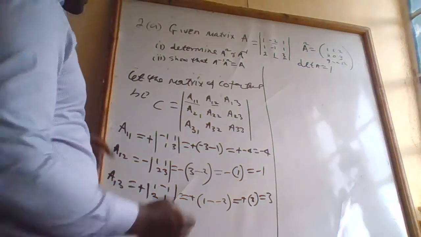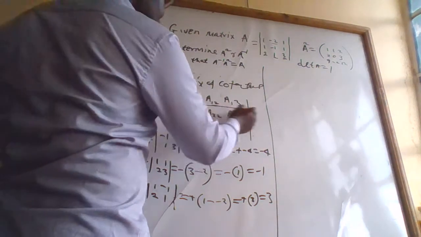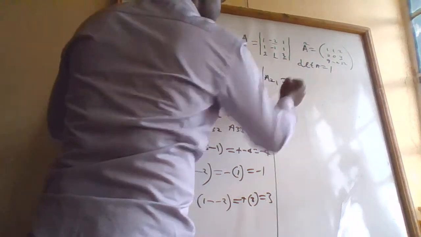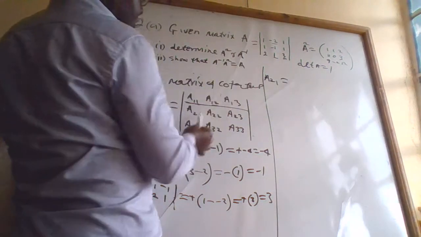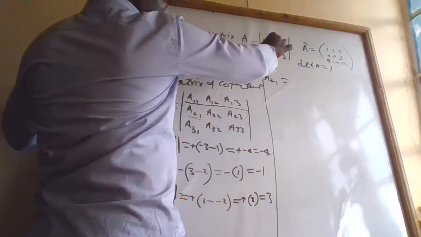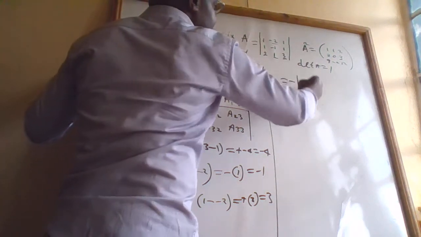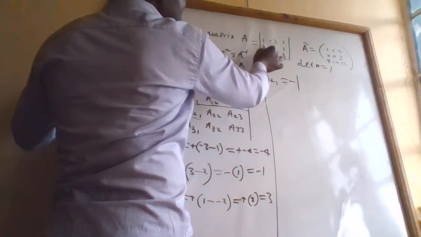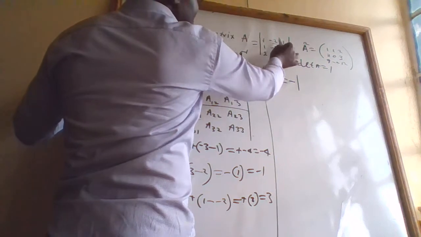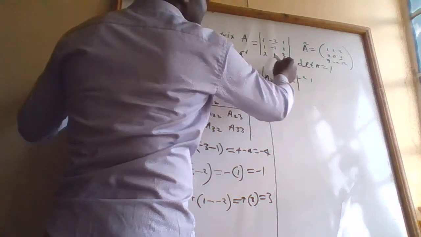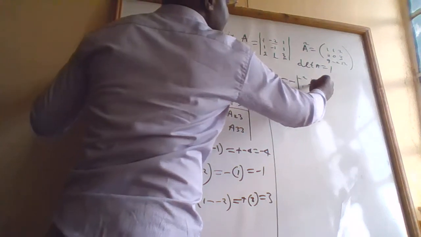So we move on, we are through with this. Now find A21. For this we take the place sign of this element: positive, negative, so it is negative. Then the minor of this element, you remove this column and this row, so you have negative 2, 1, then 1, 3.